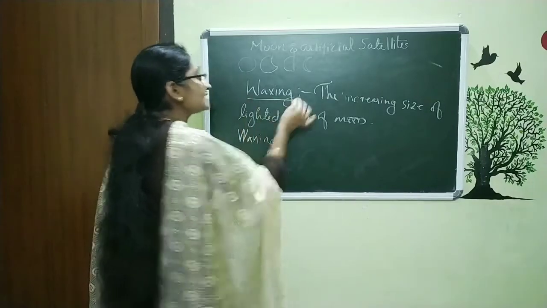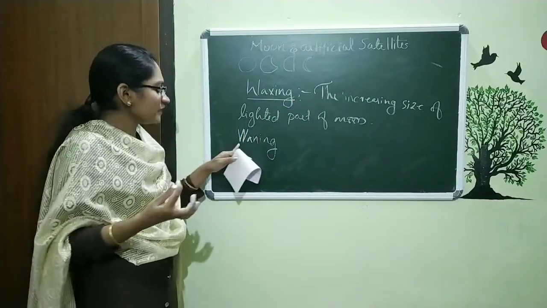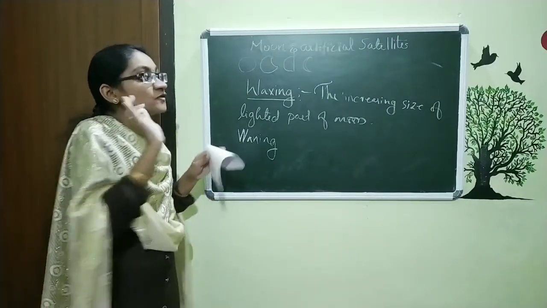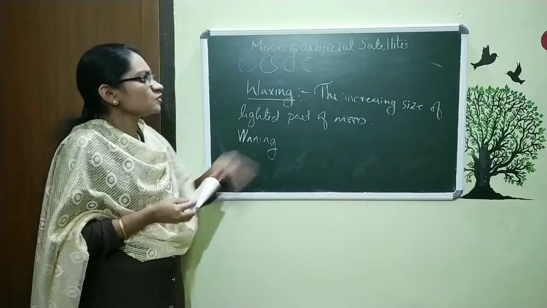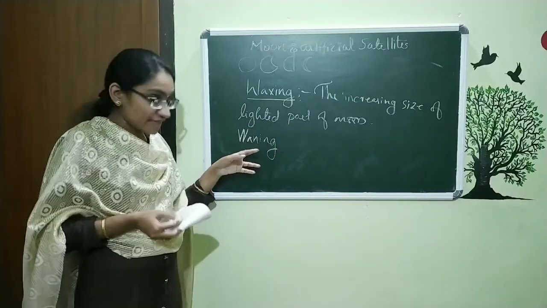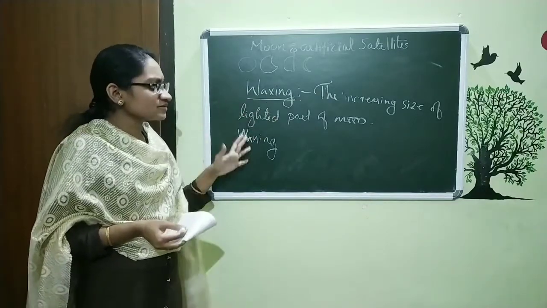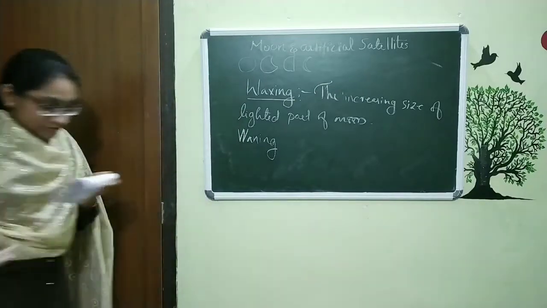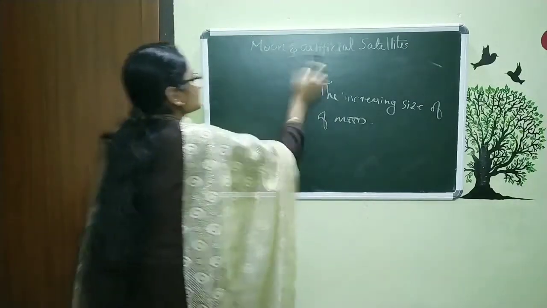For waxing, the size of the moon is getting increased, and for waning the size of the lighted part is getting decreased. We are just calling these two processes by a particular name. That's all. So this is all about our moon phases.